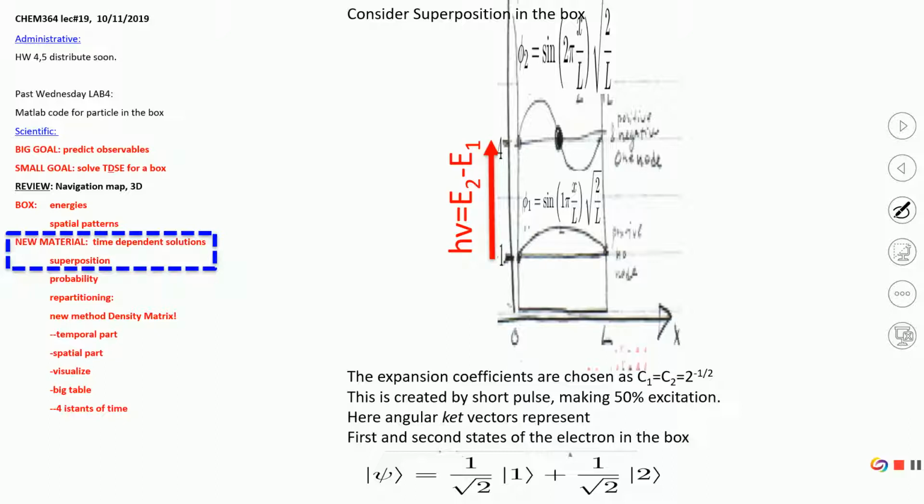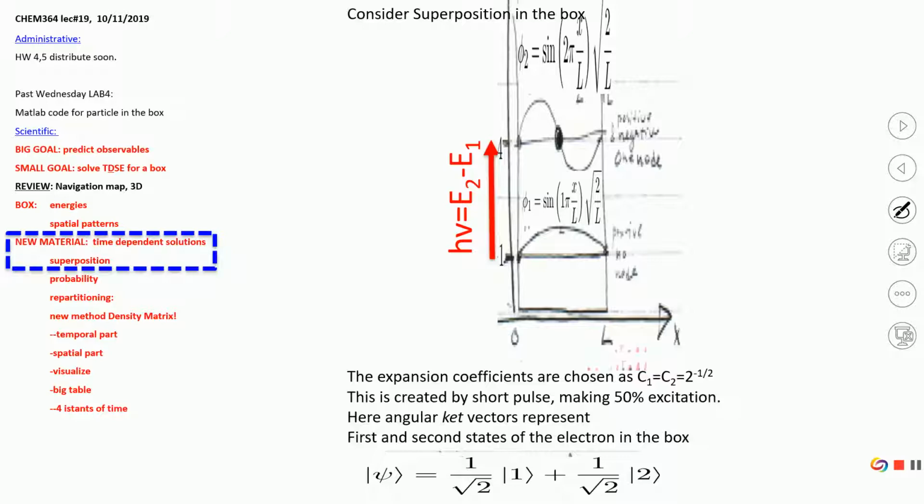Okay. Now, we are going to explore a transition state. We are allowed to add together general solutions to build partial solutions, right?